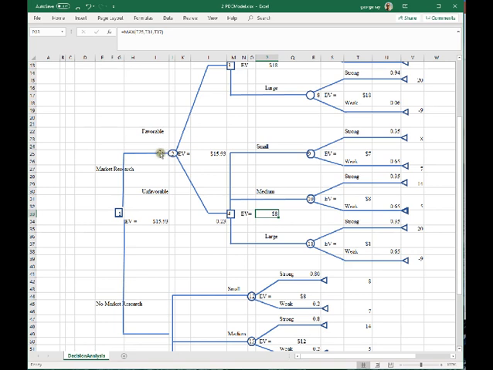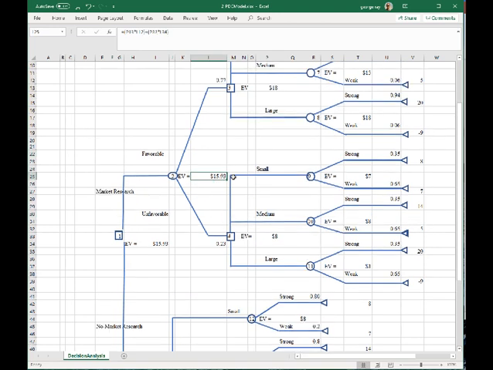Then the expected value of the market research report branch is going to be the weighted average of the favorable report and the unfavorable report. Now, management has done a study of this market research firm, and they found that 77% of the time they issue favorable reports, and then 23% of the time unfavorable.